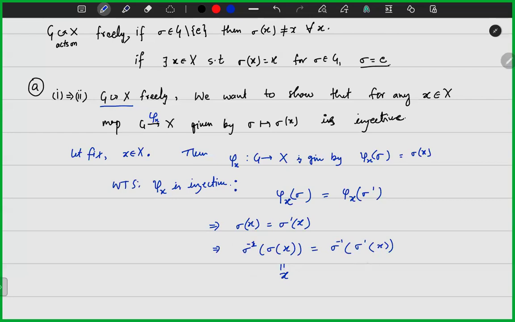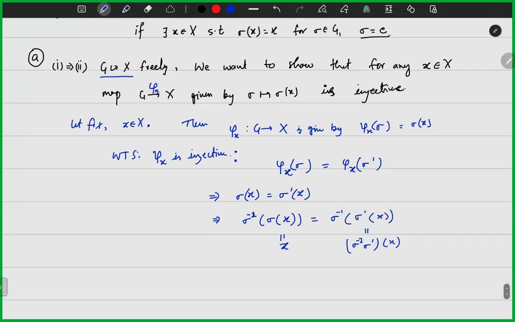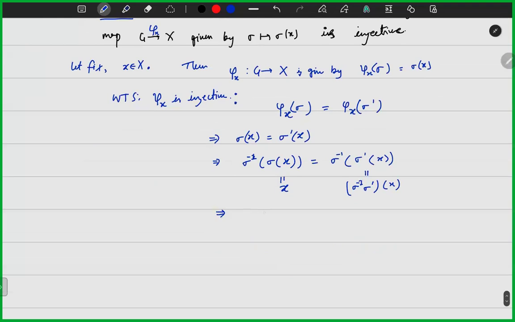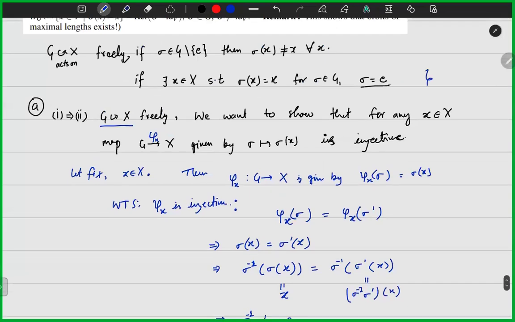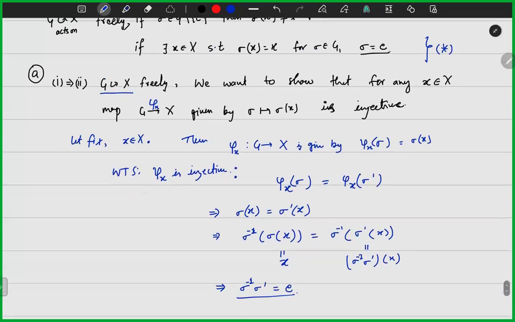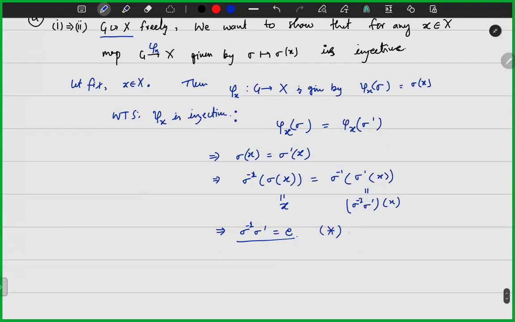But the left side is nothing but x, because of the definition of action. So sigma inverse sigma prime acting on x gives x, and this implies sigma inverse sigma prime should be the identity, by definition, since the action is free.